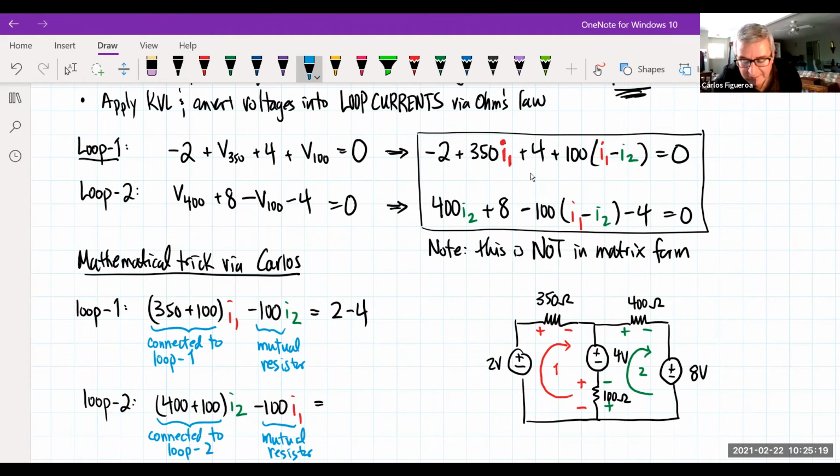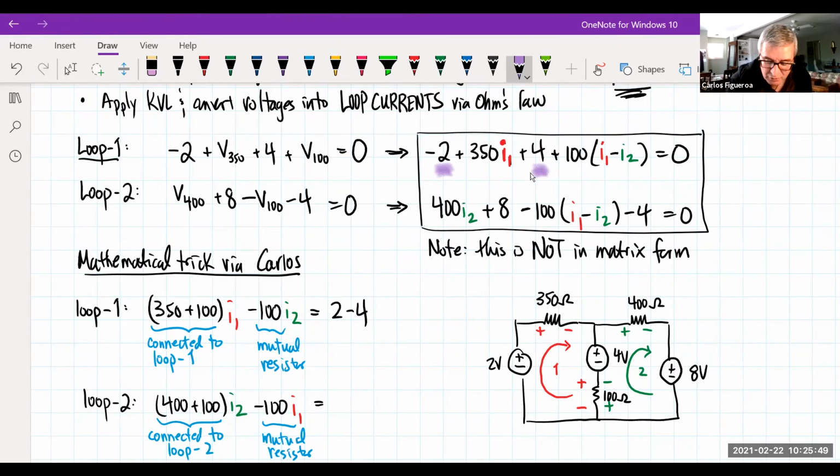So the way I think about this is that let's look at loop 1. Look at the source. So as I go around in the red loop, I have a minus 2. But up here, where's that minus 2 at? The minus 2 is right here. And then I come around and I hit the plus 4. So where's the plus 4? Right there. So in my head here, I sum all of the resistors connected to loop 1.